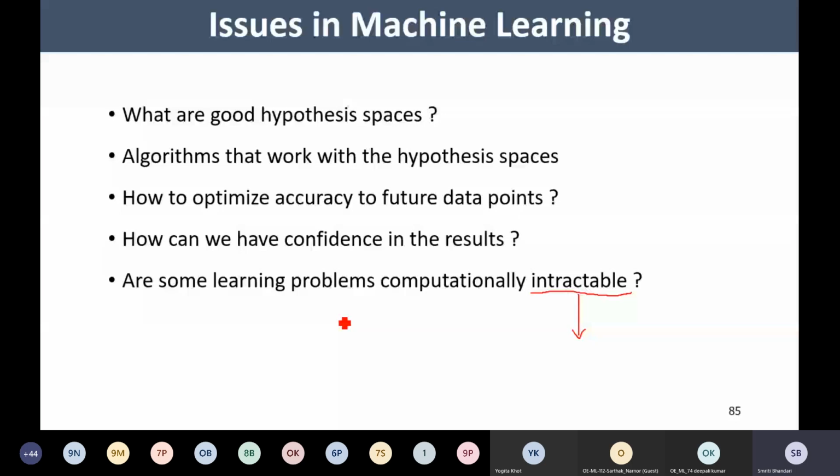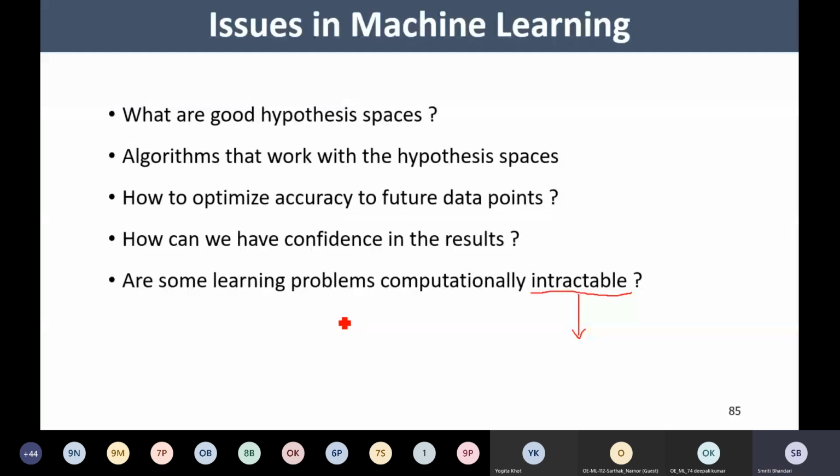Obviously the algorithms that take polynomial time are more efficient than the algorithms that take non-polynomial time for execution. So whichever algorithm we are proposing to solve the problem, we need to look at whether that algorithm is computationally efficient.